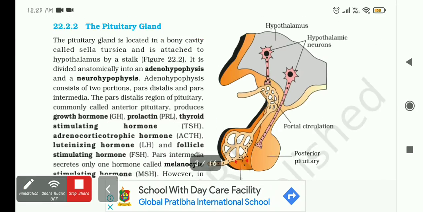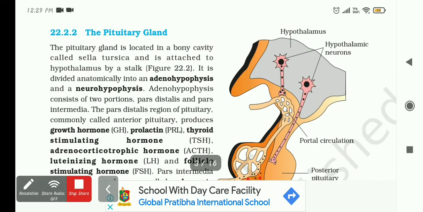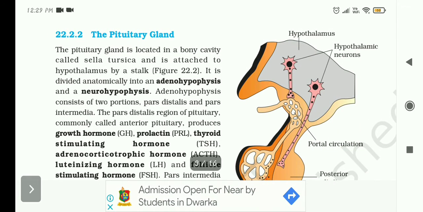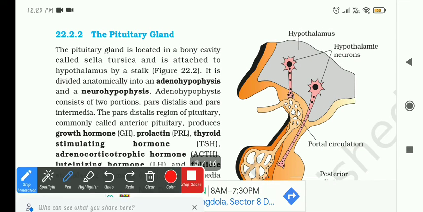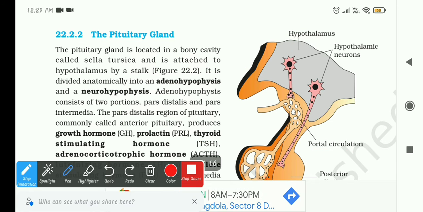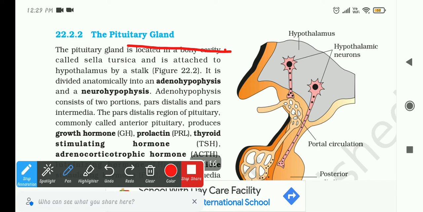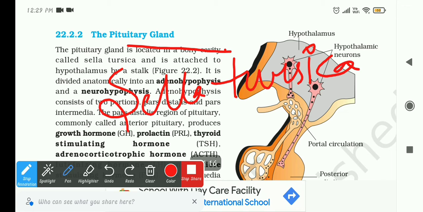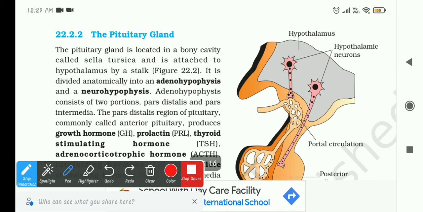So let's discuss where it is located and what kind of hormones the pituitary gland secretes. The pituitary gland is located in the bony cavity, which we call the sella turcica. Sorry, I was saying body cavity.